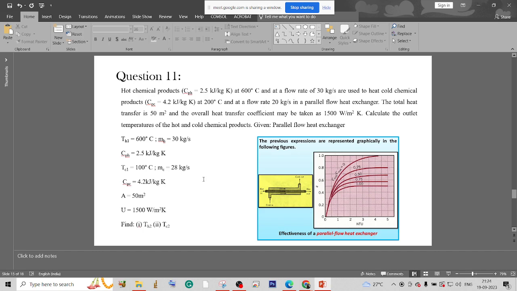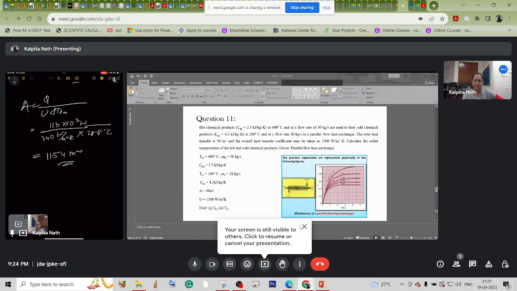So if we know NTU, and also if we know C minimum upon C maximum, that is the heat capacities of minimum to maximum, then we can calculate the corresponding effectiveness, right? The properties are also given here. So I'll give you 5 minutes because we don't have much time. I'll give you 5 minutes to solve this and then we'll proceed with the solution. Okay. 5 minutes, no, 2 minutes.